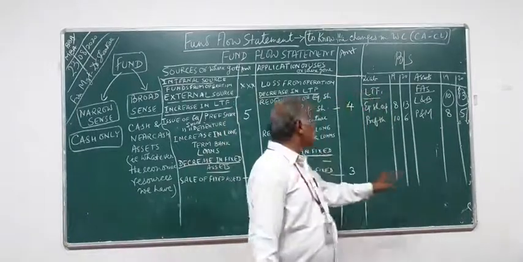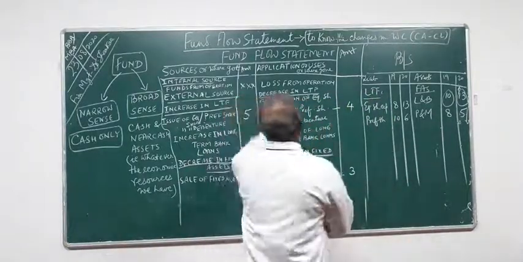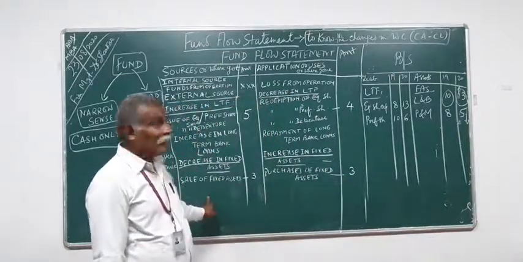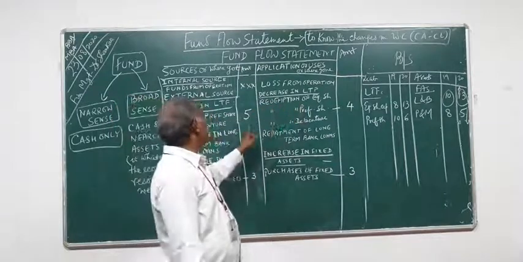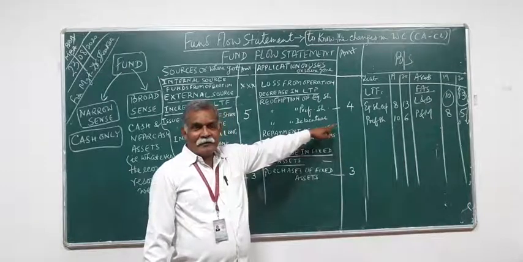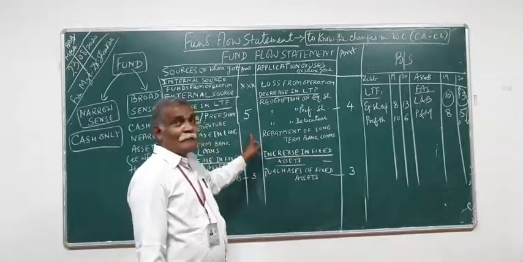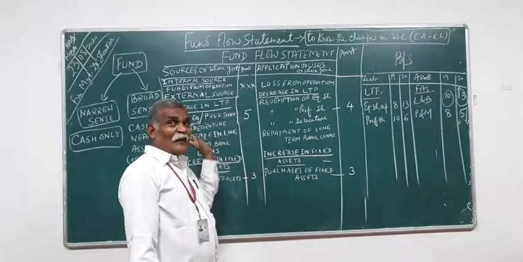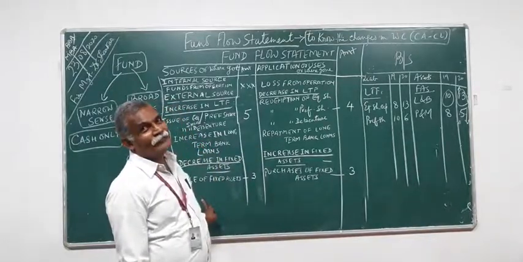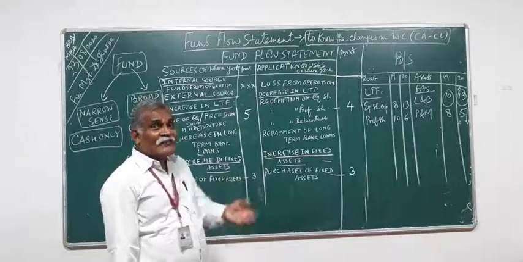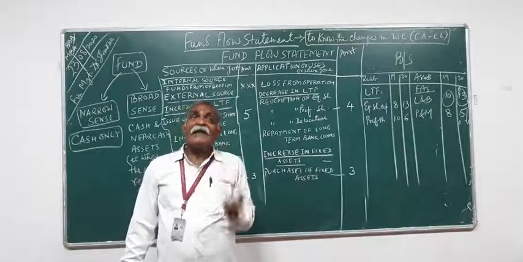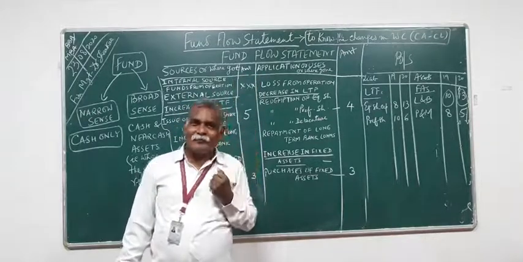Okay? You have seen the increase in fixed assets, the decrease in fixed assets, the increase in long-term fund, and the decrease in long-term fund. Increase in long-term fund becomes a source. And the opposite, decrease in fixed assets becomes a source, because a decrease in fixed assets will give you cash or fund, and an increase in long-term fund will give you fund.